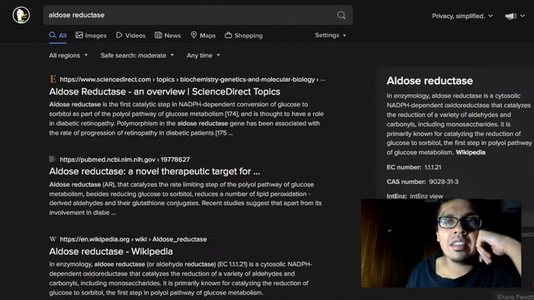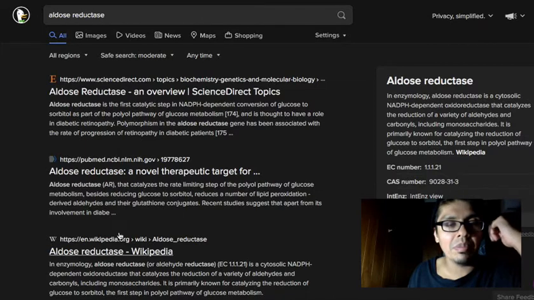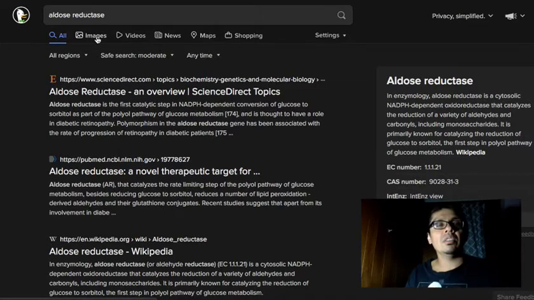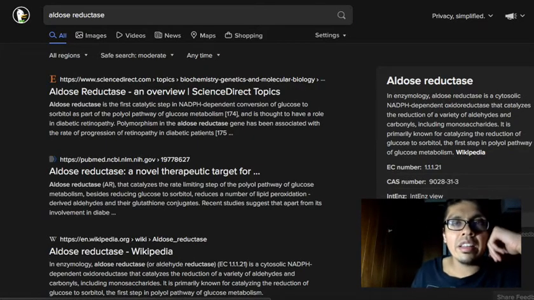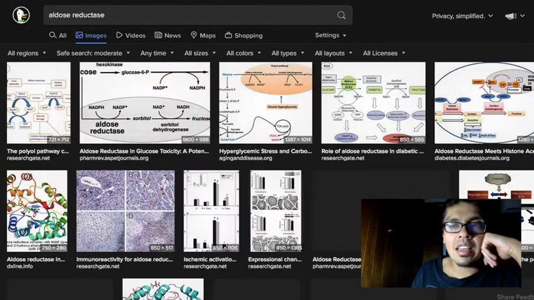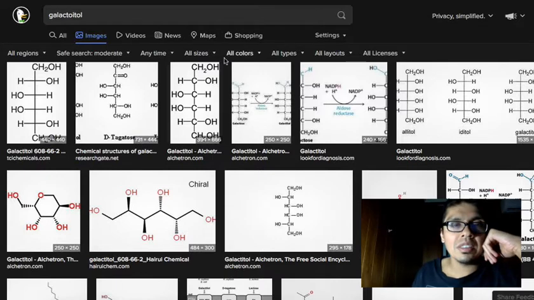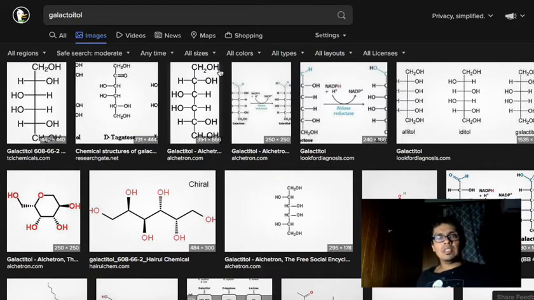Aldose reductase is the first catalytic step in the NADPH-dependent conversion of glucose to sorbitol, which is involved in other pathways, but it's important in our case to know that aldose reductase converts galactose to galactitol. And galactitol in high quantities is what causes galactosemia.